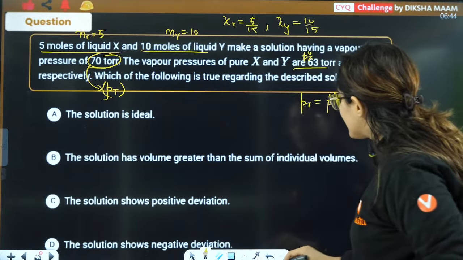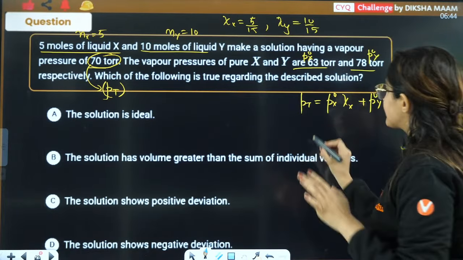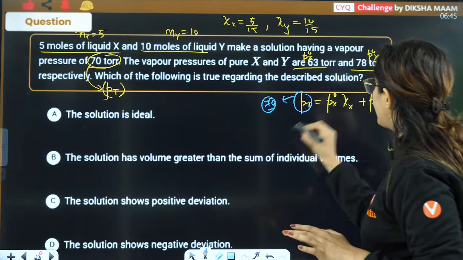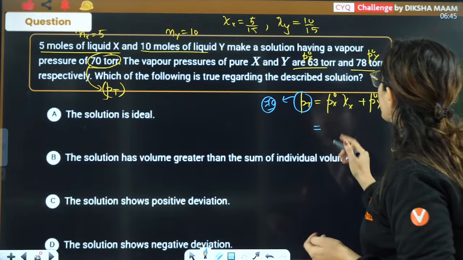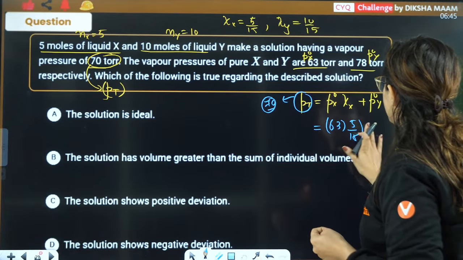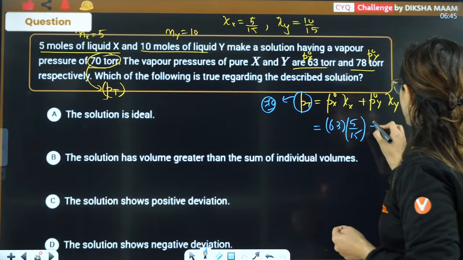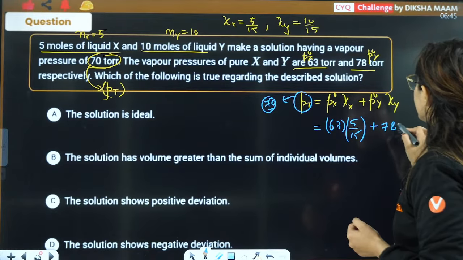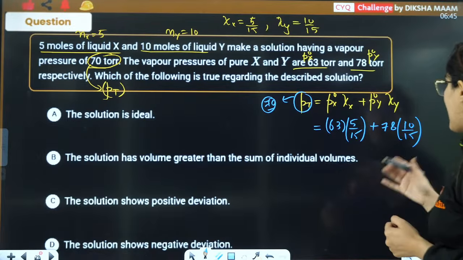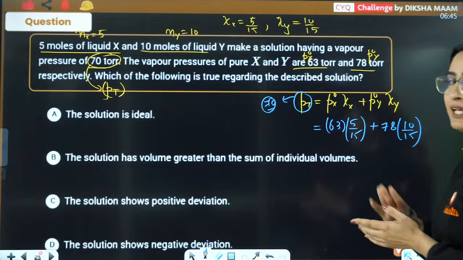Now you have all the values, you just have to find the relation here. Put the value of this as 70. P naught X is 63, times 5 by 15, plus P naught Y is 78, times 10 by 15. Then calculate this and see if it is coming out to be greater than 70.